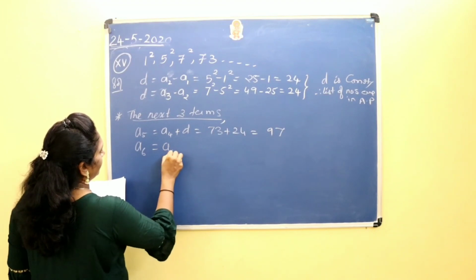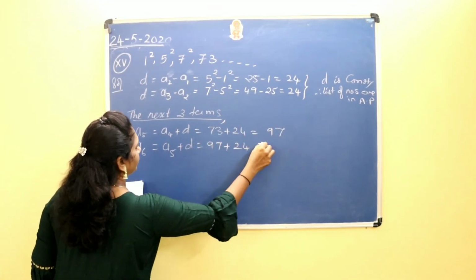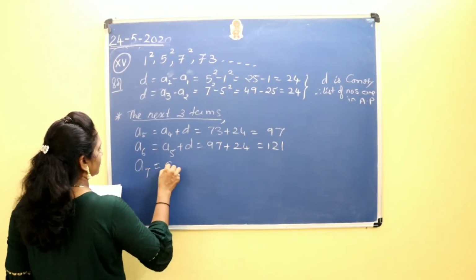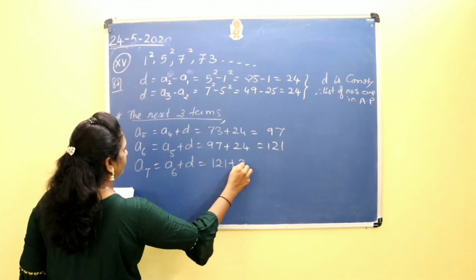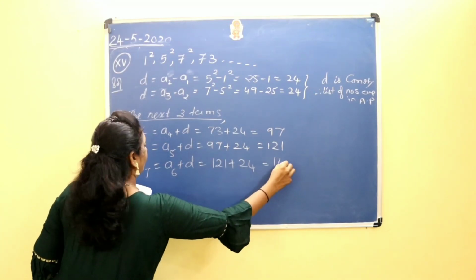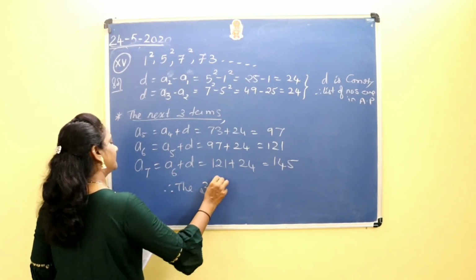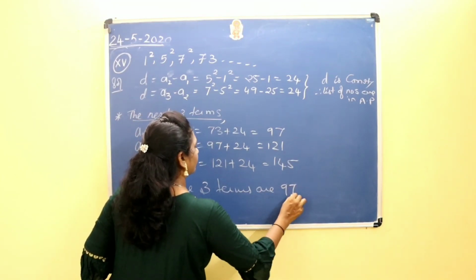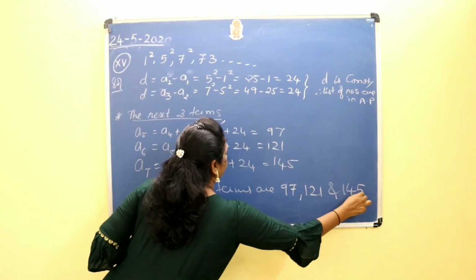A6 is equal to A5 plus D, 97 plus 24, 121. A7 is equal to A6 plus D, 121 plus 24 will give you 145. Therefore, the next three terms are 97, 121 and 145.